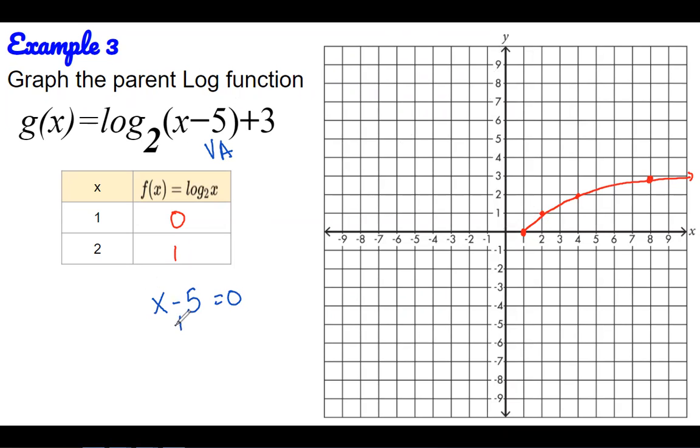What do we have to do here? Add 5, add 5. We have x equals positive 5. So my vertical asymptote is going to be now at x equals 5. All this right here.